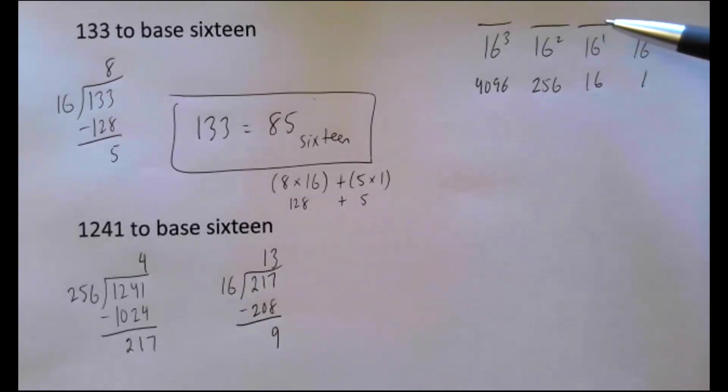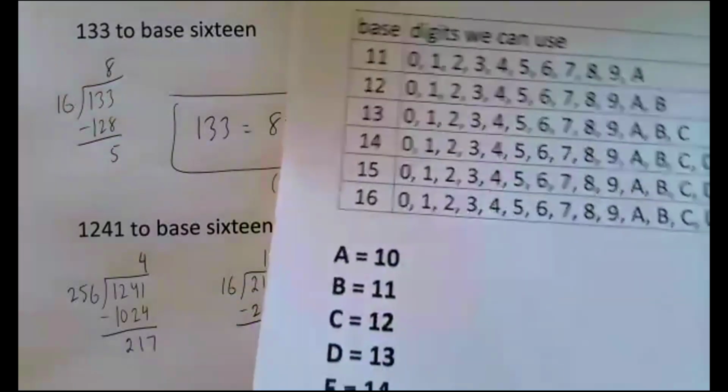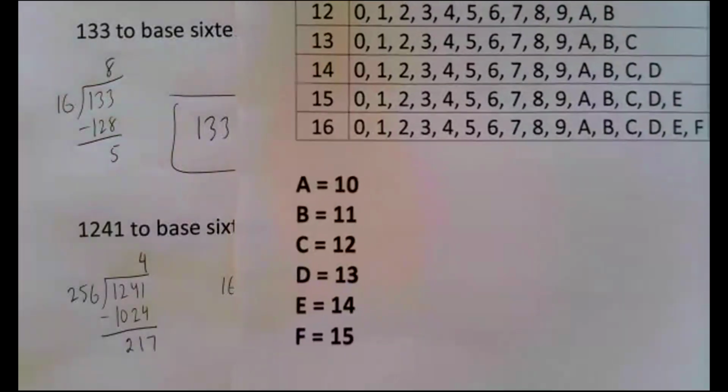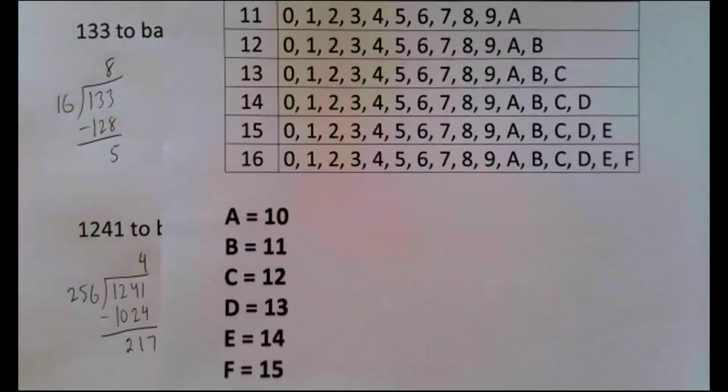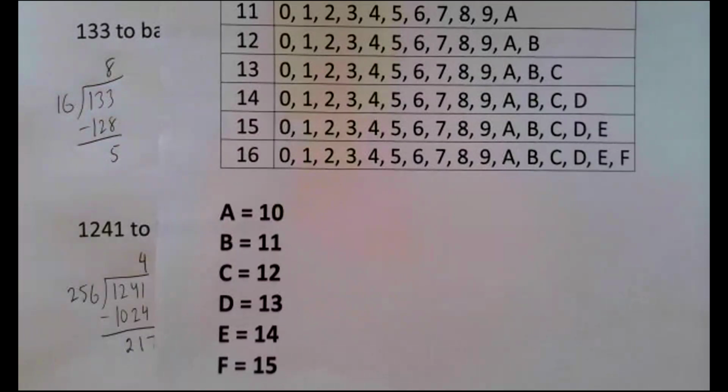Now you say, wait, how can I put 13 right there? 13's a 2-digit number, but there's only one spot. So how do I put 13 right there? Well, that's where this comes into play. Remember, in base 16, which is what we're dealing with right now, 13 actually is a single digit number.